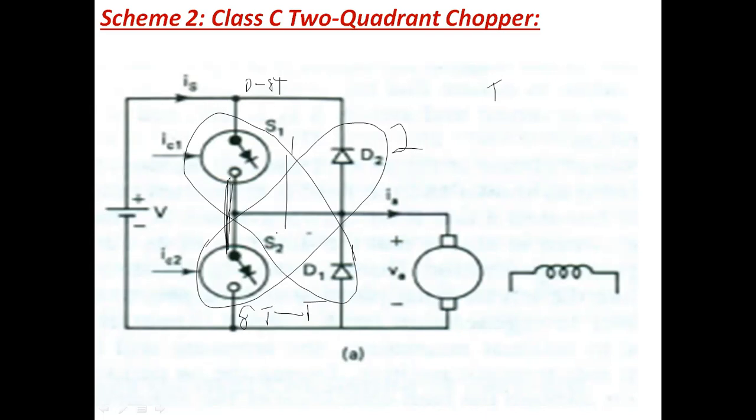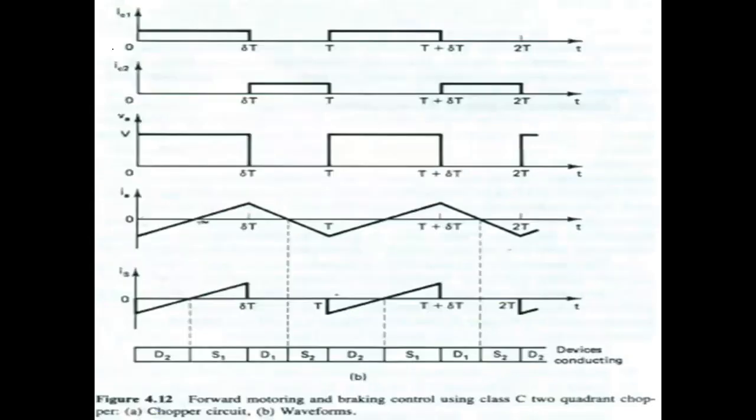The waveforms I will show you in the next figure: the controlling signal, switch S1, switch S2, armature voltage, armature current, and source current.